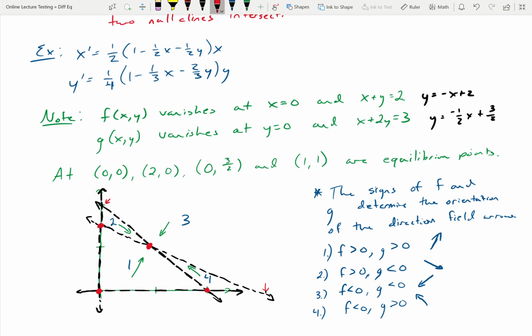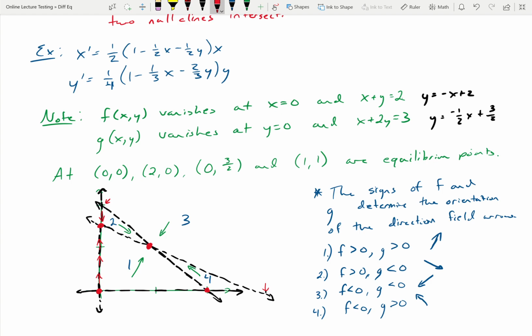So let's do these in red. We're going to have these red arrows, and that's when G is positive. When G is negative, they're going to be pointing down.